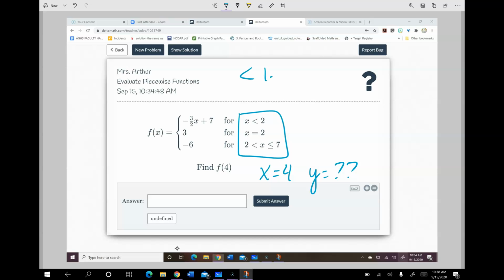Remember, this is less than, and that is greater than. 4 is not less than 2, so I can't use that first one. Does 4 equal 2? Nope. Now this means in between. Is 4 in between 2 and 7? Yes, it is. Is there an x to plug into? No, so my answer is just -6.